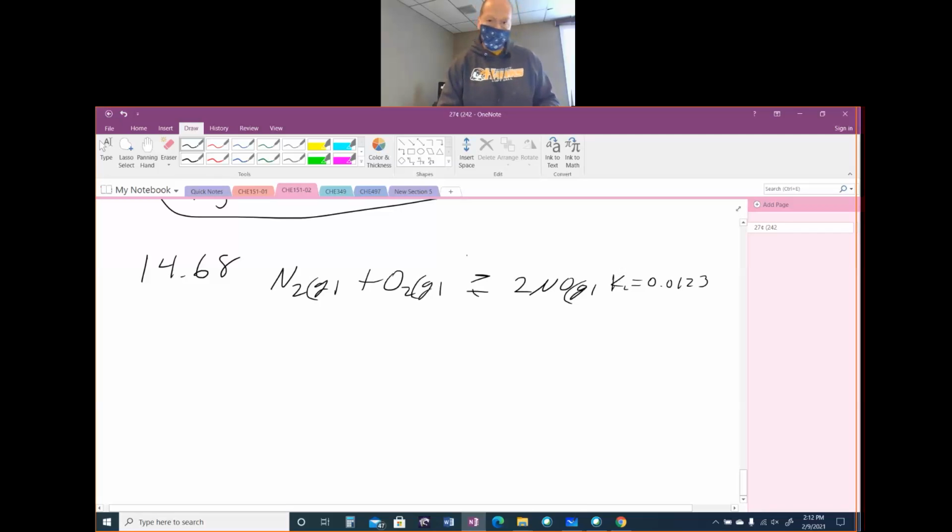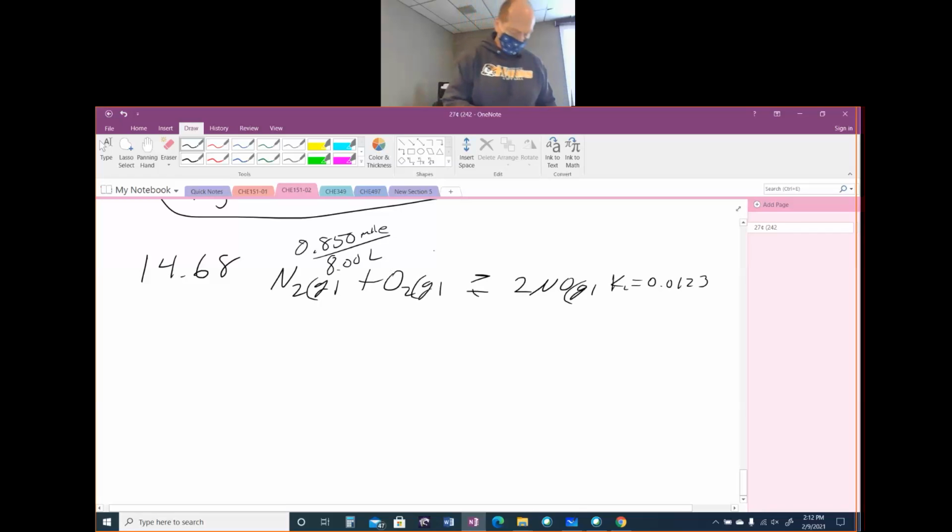All right, and so we're starting with 0.850 moles, and dividing that by 8 liters. And in this problem, everything is given to 3 sig figs.